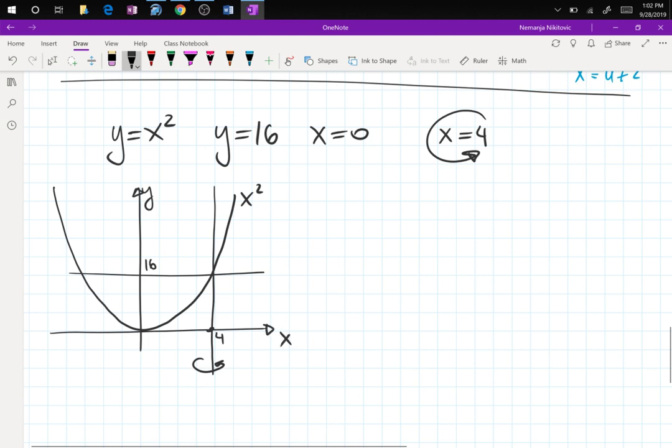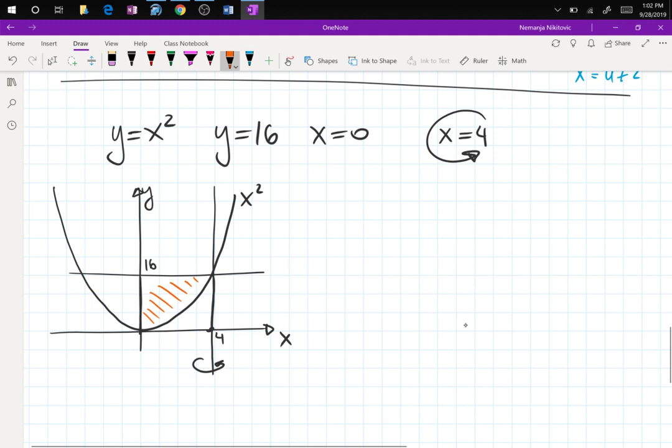And what else do I have? I have x equals 0. They don't say y equals 0, so it's this piece here.